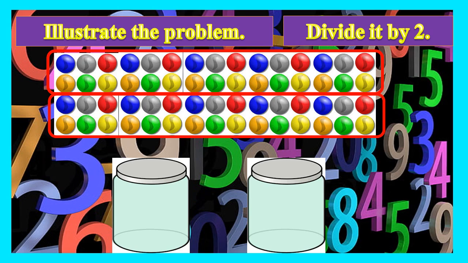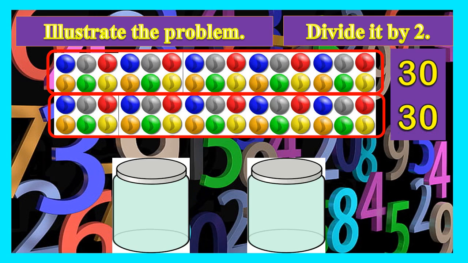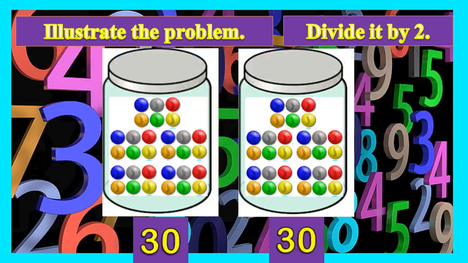So how many marbles are there in each set or in each group? There are 30 marbles. So how many marbles would be put in each jar if these 60 marbles would be divided equally into two groups or into 2 sets? So each jar would have 30 marbles each.